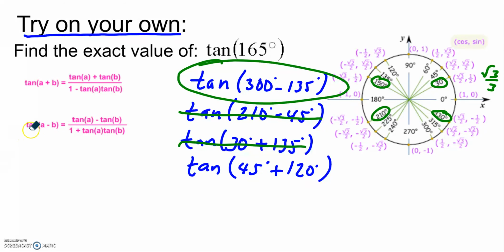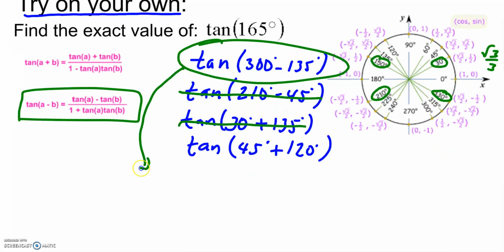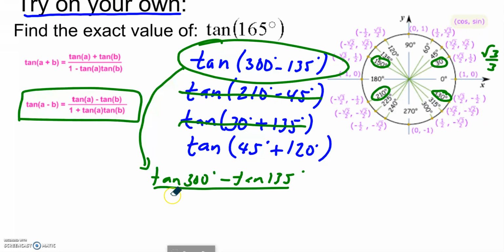So if I'm doing tangent of a difference, I am going to take this and make it into this, or expand it. Tangent of 300 degrees minus tangent of 135 degrees over 1 plus tangent of 300 degrees times the tangent of 135 degrees.